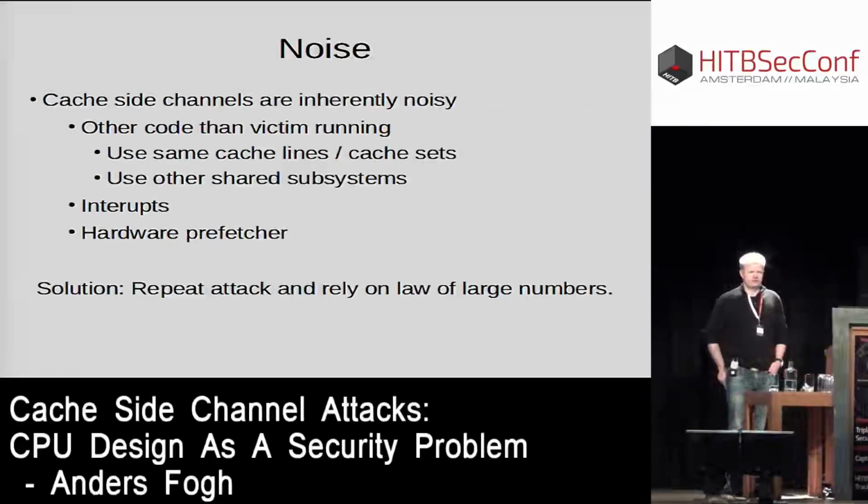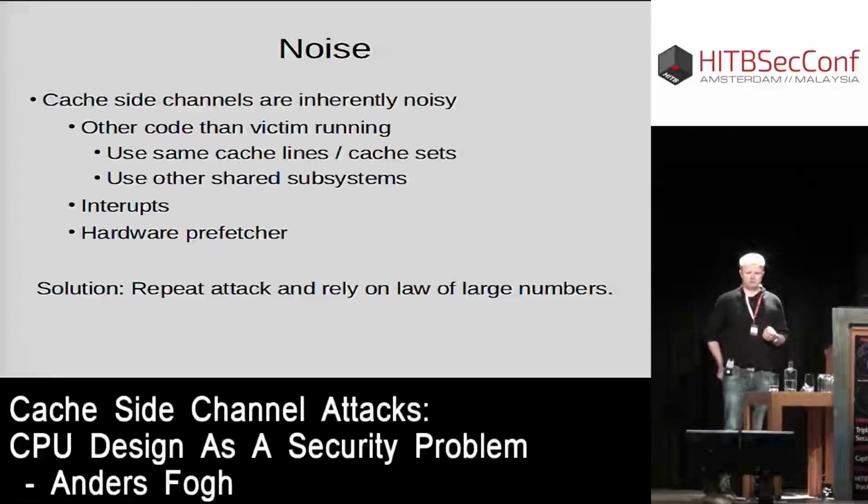Cache side channel attacks are not as perfect as one would like. They're inherently noisy, and the reason is there is other code than the victim running on the computer. Well, that's one of the reasons. If that code uses the same cache lines, it'll disturb prime and probe and the victim time. If it uses the same cache set, it will disturb that.